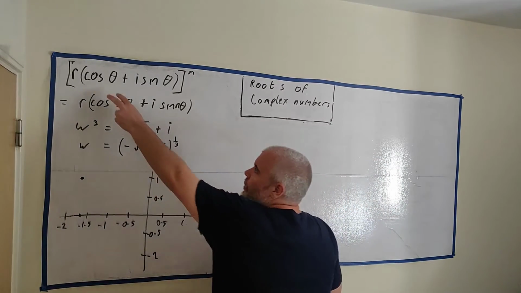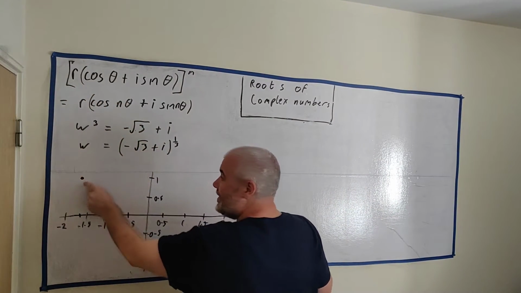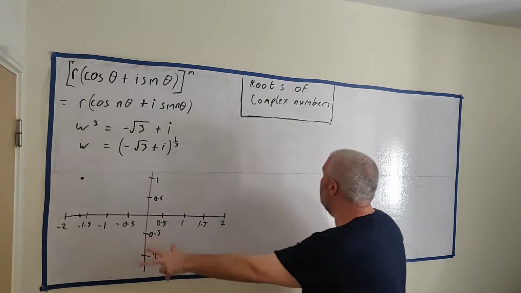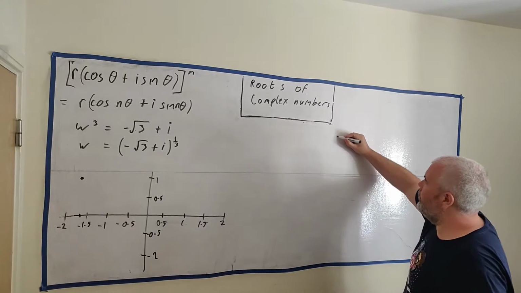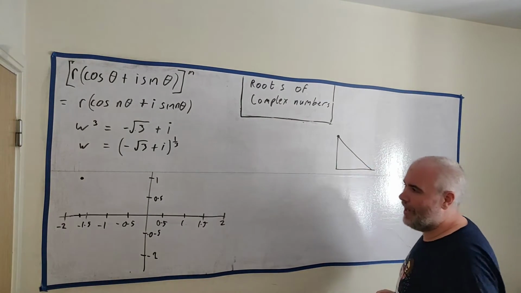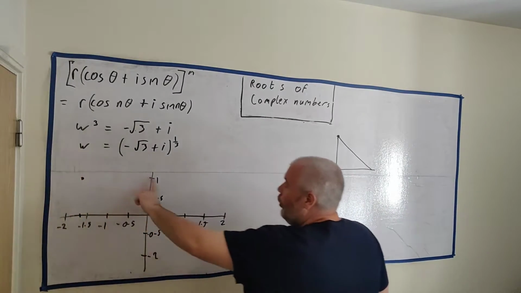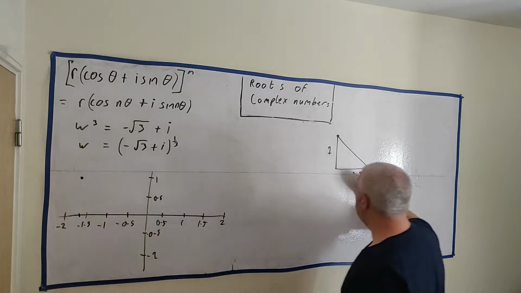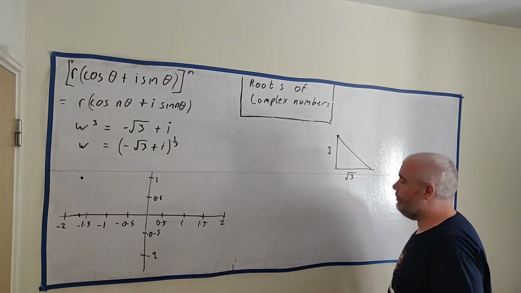So remember how we do polar form. All we need is r, that's the length, the modulus, from here to the center. I won't ruin this picture here, but over here I'll draw this again. This length here. But remember, we can draw a little triangle. The height is 1. The length is square root of 3.